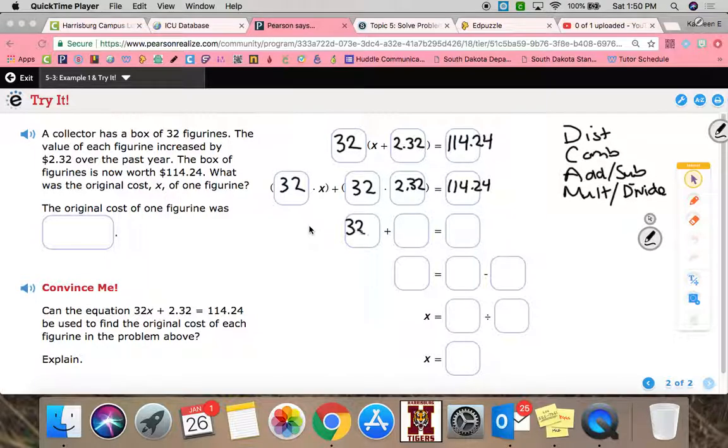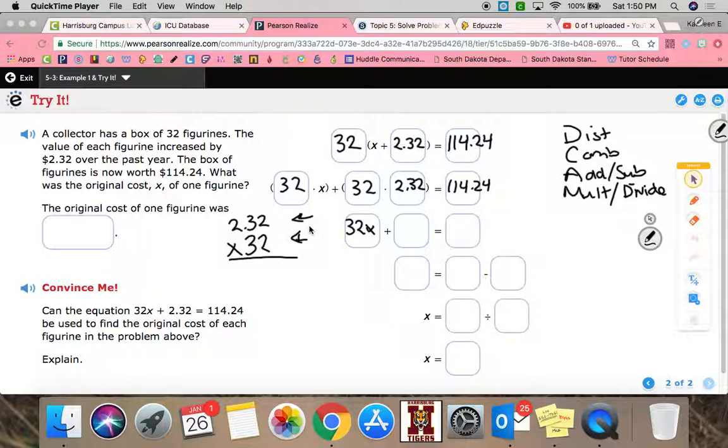So 32 times x is 32x, and then we have 32 times 2.32. Remember, no calculators. You might be asking, Mrs. Martin, why did you write the 2.32 on top? Well, because when I stack and multiply, I'm only going to have two rows of things to add. If I put this on the bottom, then I would have three.